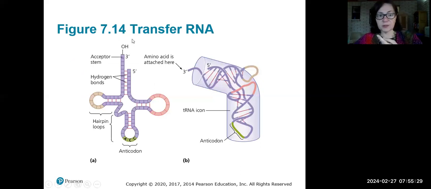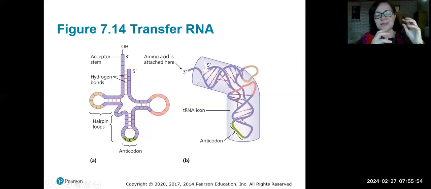Transfer RNAs first. It's just a strip of RNA, a long thing that then folds onto itself. We represent it in a number of different ways, kind of like this cloverleaf shape. Once the thing is folded and set up right, there's that little section down here. Now, all of these are letters, but it's this little section down here that's got to match up to the codon.